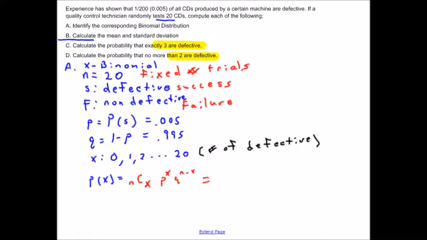Our particular one, N is 20, so out of 20 different items, selecting X times, 0.005 to the X, and then 0.995 to the 20 minus X. So that creates the distribution.